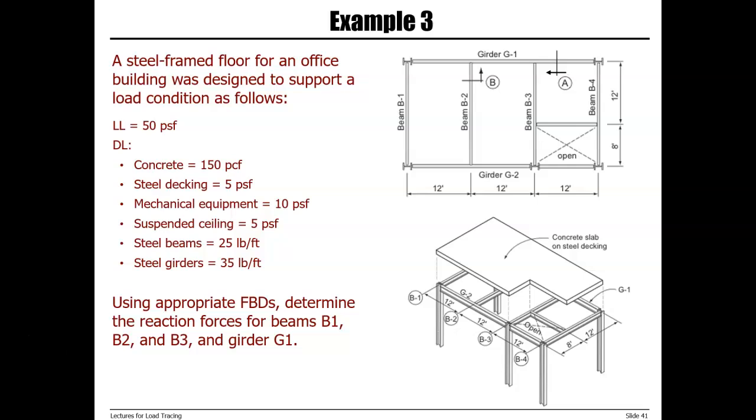Example number 3 is a steel framed floor for an office building that was designed to support a live load of 50 psf and a dead load of a concrete slab with a density of 150 pcf, a steel decking with a weight of 5 psf, mechanical equipment 10 psf, suspended ceiling 5 psf, and then for beams and girders.